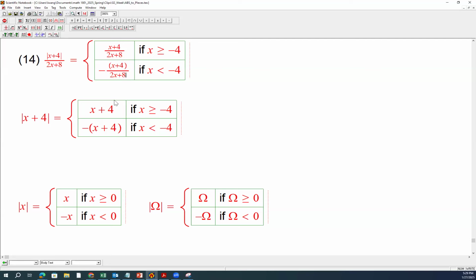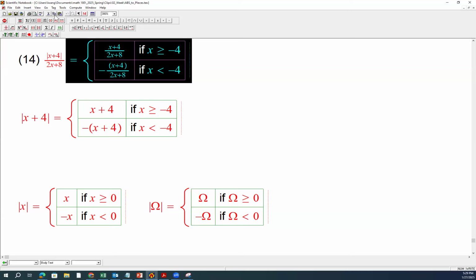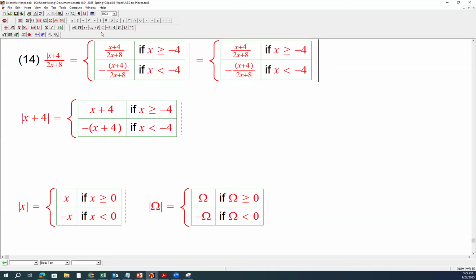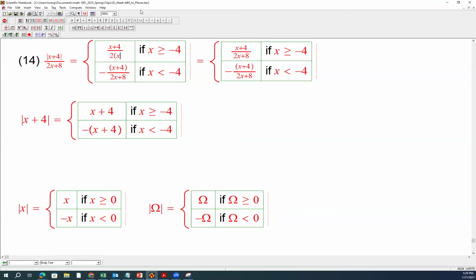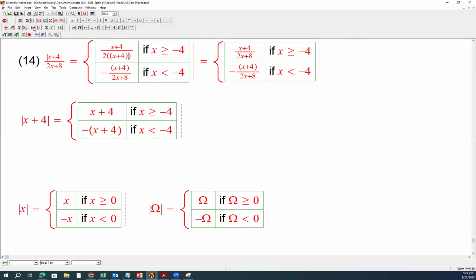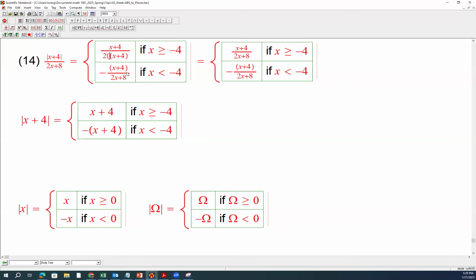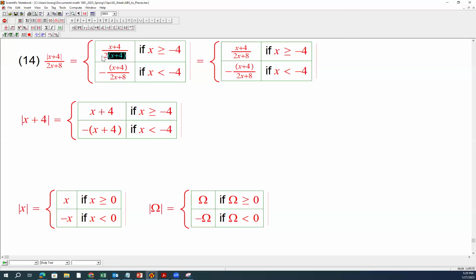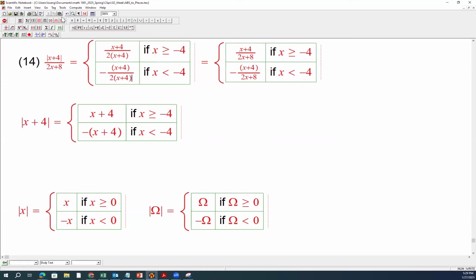And then simplify, reduce. How do we reduce it? 2x plus 8 can be written as 2 times x plus 4. The same is for the other 2x plus 8. It's just factor form.